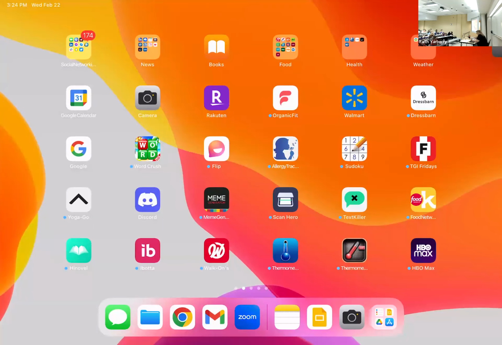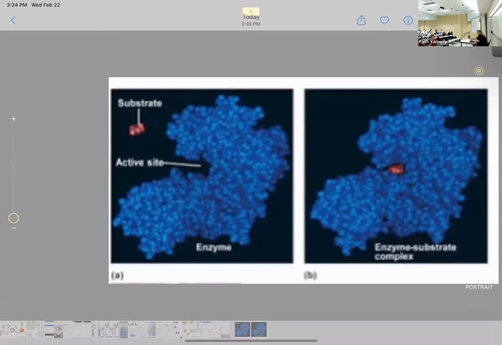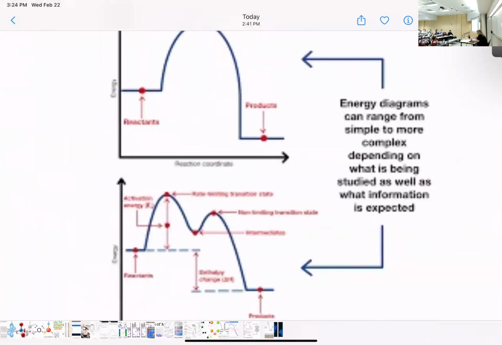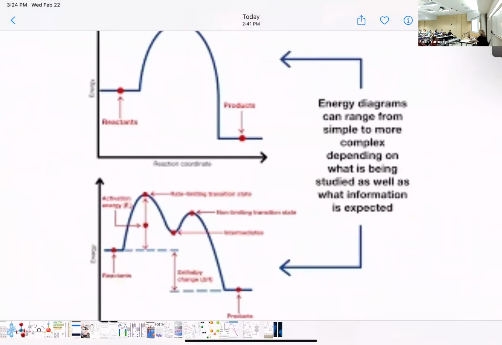Now I will pull my pictures back out. Here's an example. I know it's not ideal. But you have your reactants, you have your products. This is your original energy of activation, which you can't even see the top of. In this particular case, they added a catalyst to go from the reactants to the products. But it kind of took that energy of activation and distributed it over a multi-step process.